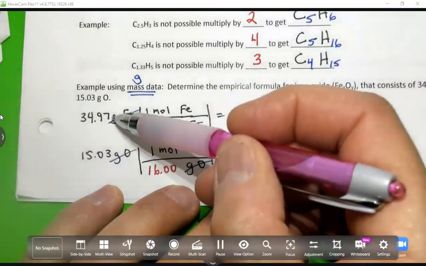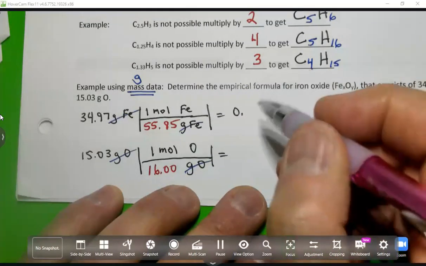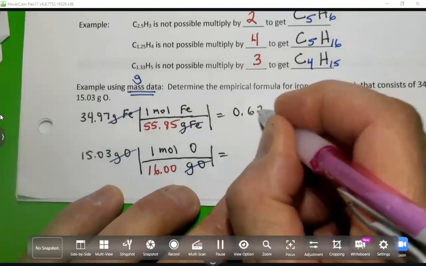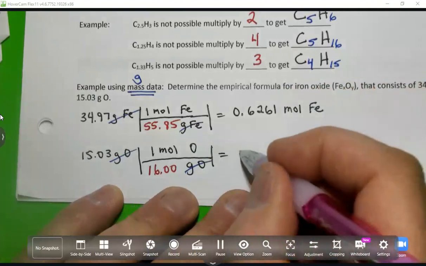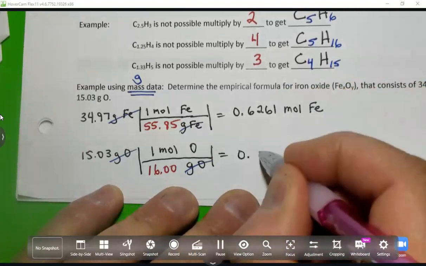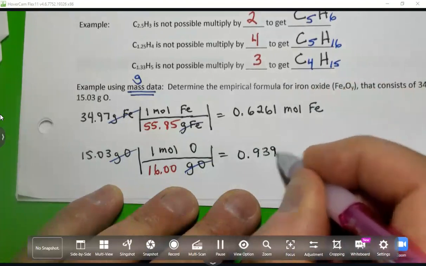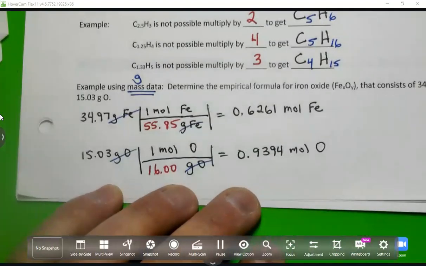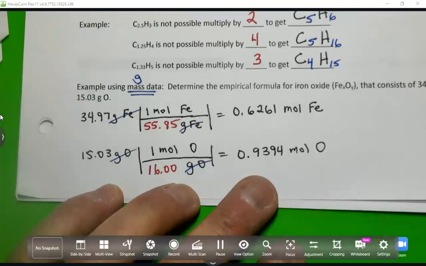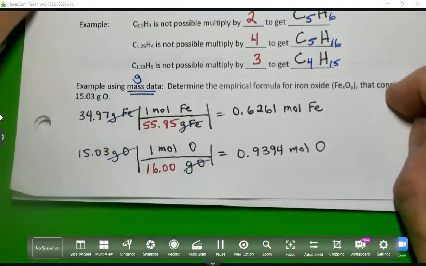We're dividing 4 sig figs by 4 sig figs. So I'm going to do this with 4 sig figs: 0.6261 mole iron. And this division here comes out to 0.9394. So that's step 2, convert to moles. Okay, we've got everything in moles.